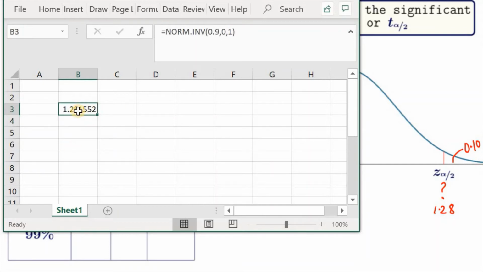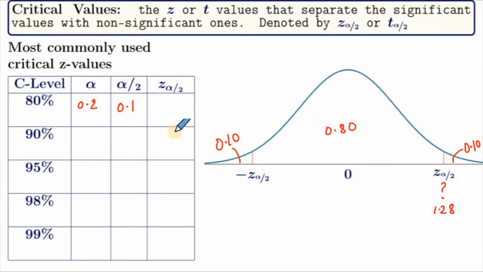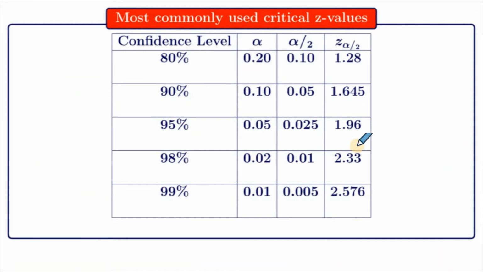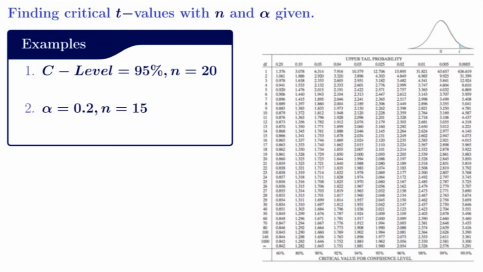So we have this number here for Z alpha by 2, and this is exactly what we got using table and also calculator. So let me put that over here, 1.28. Now we can fill out the rest of the table, this table here, in the same way. And we should get this. Next, we will talk about finding critical values for t-distribution. So we will look at these examples here.